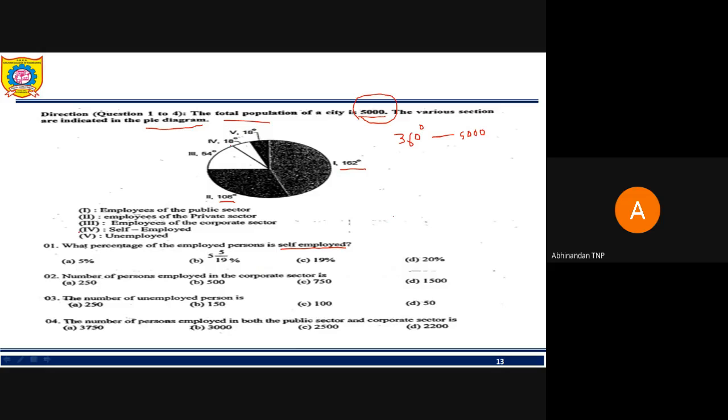It is not percent, actually it is 18 degree, right? So 18 degree. Total number of degree is 360. It is asked what is the percentage. The percentage means multiplied by 100.